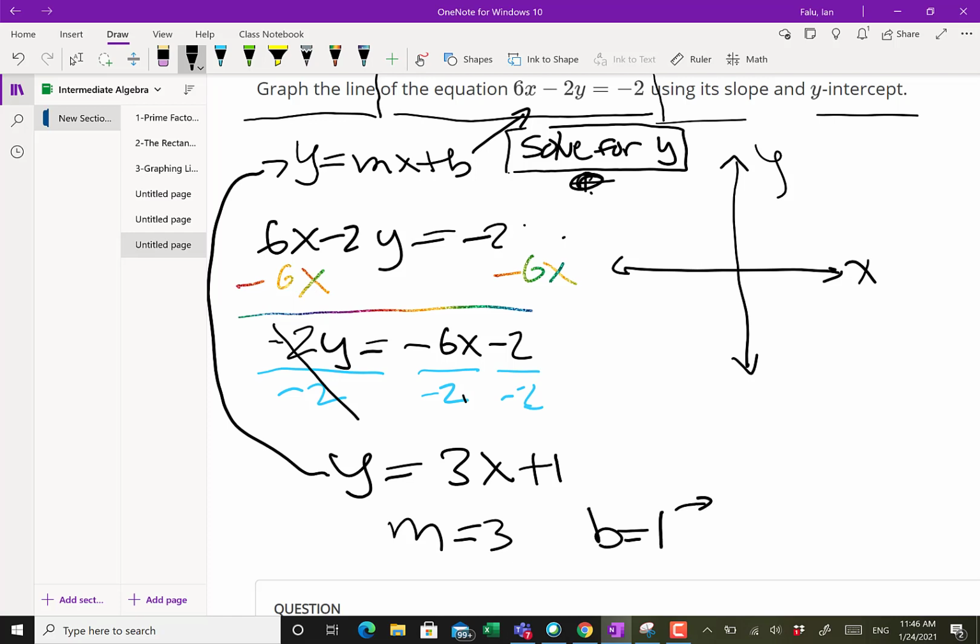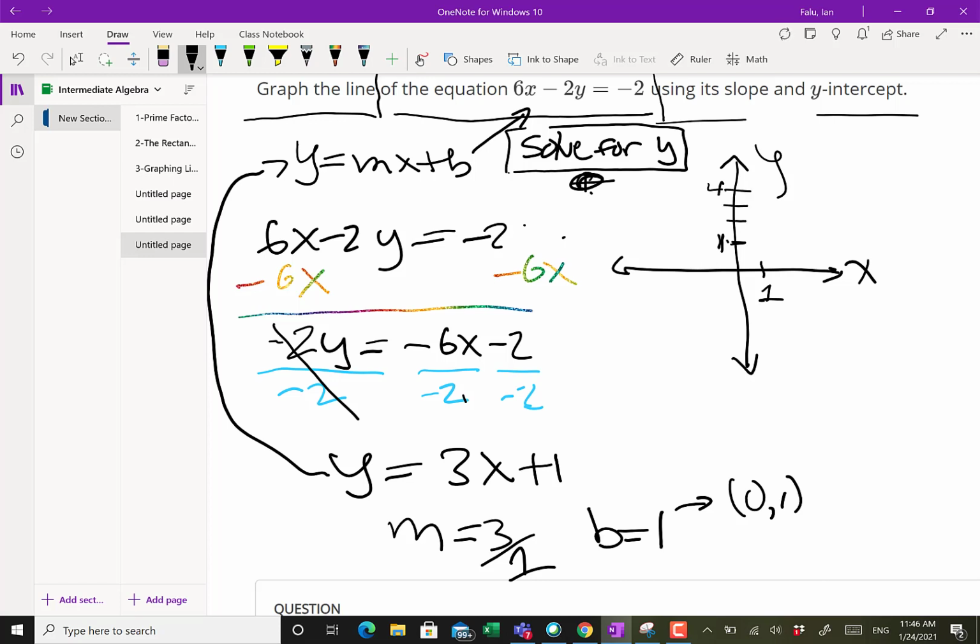So that means that I have the intercept as 0, 1. That's the y-intercept. So 1 and 3, right? Or 3 over 1. That means that for every unit that we move to the right, we move 3 units up, right?